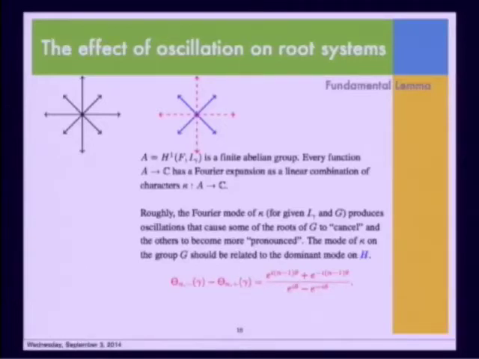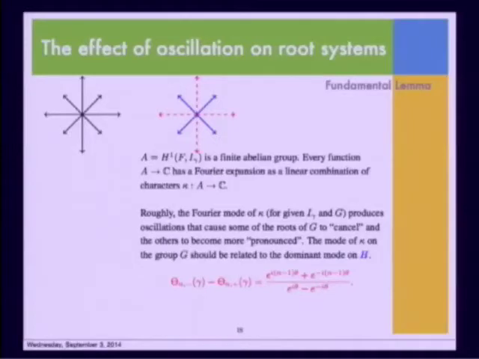We can expand a function on this group in terms of the characters on this finite abelian group. And this is what's going to play the role of the signs that we get in the case of SL2(R), these different characters on this finite abelian group.